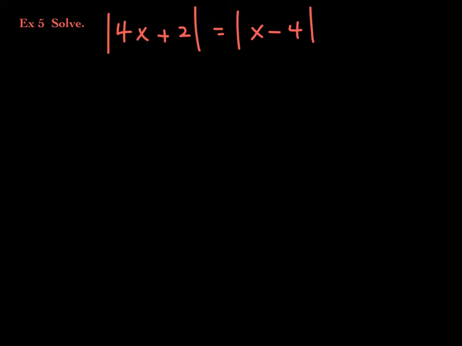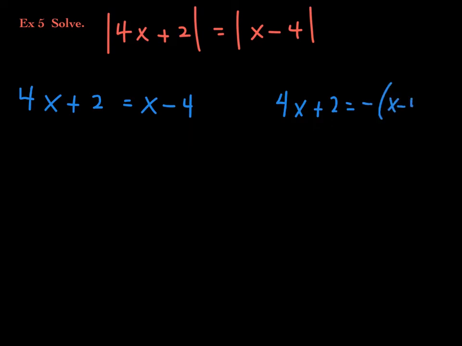So watch what I do. This statement that's given to me is true if 4x plus 2 is equal to x minus 4, or 4x plus 2, watch this, is the opposite of x minus 4. All right?